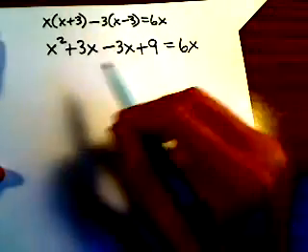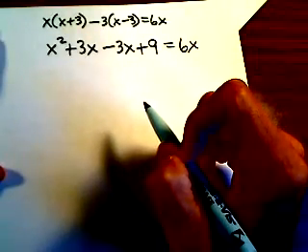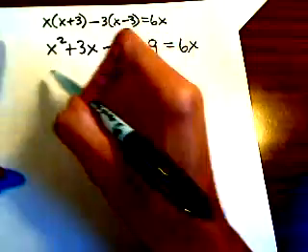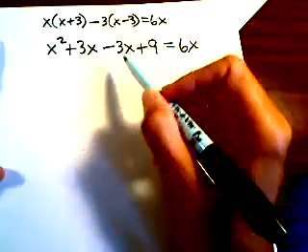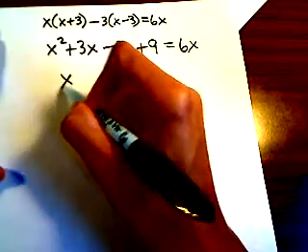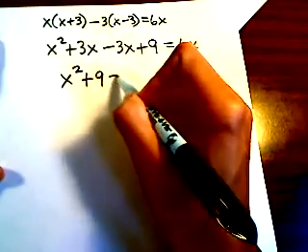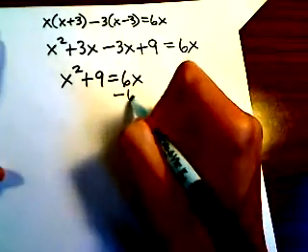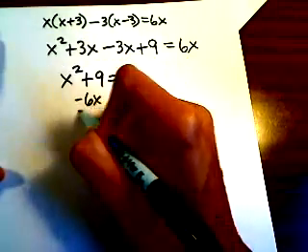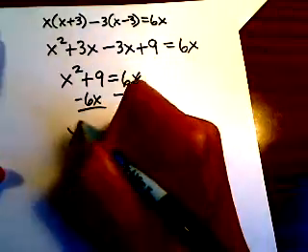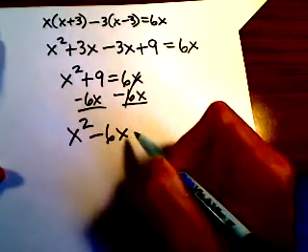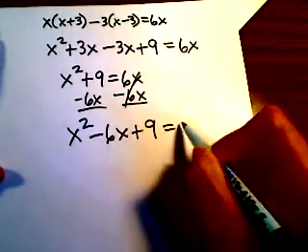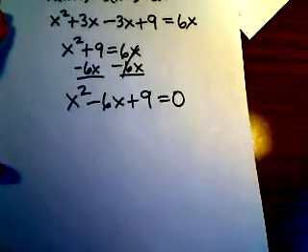All right, so this is a quadratic, so I want to set this to 0. These two, positive 3x, negative 3x, add to be 0. So I have x squared plus 9 equal to 6x, and then if we subtract the 6x from both sides, we have x squared minus 6x plus 9 equal to 0.